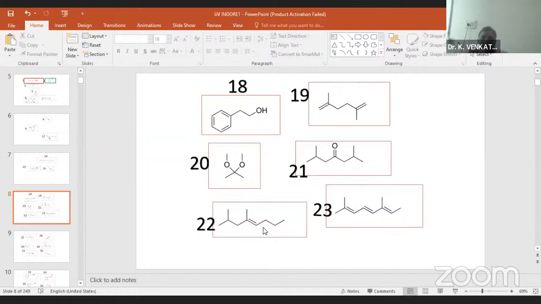Next you check the substituents. The second carbon and the fifth carbon have branch chains. Yes, sir. 2,5-dimethyl-1,5-hexadiene. Very good, sir. 2,5-dimethylhexa-1,5-diene is also right. 1,5-hexadiene is also correct.